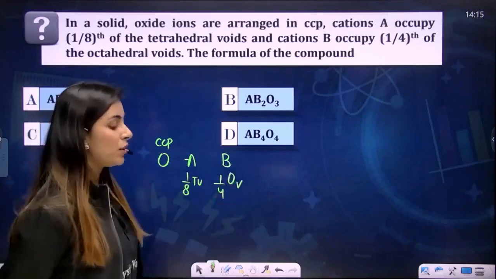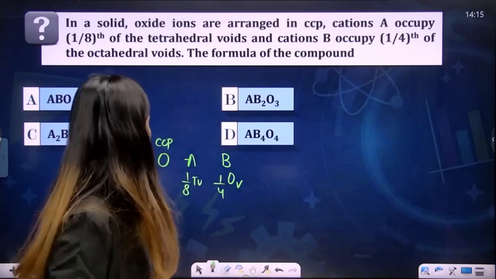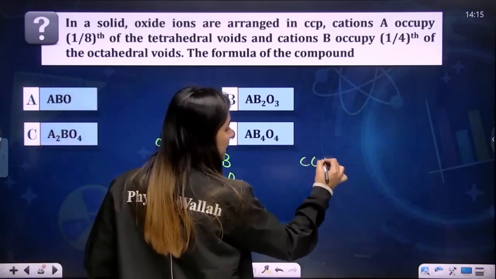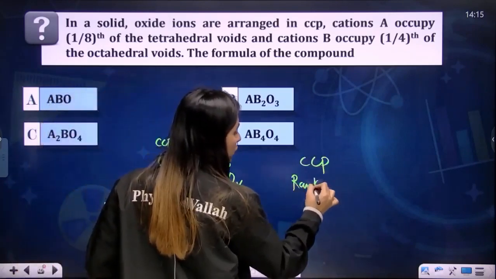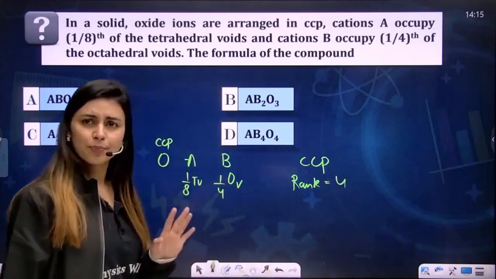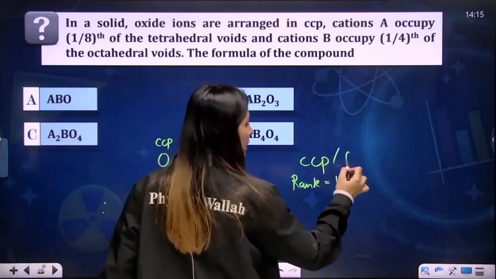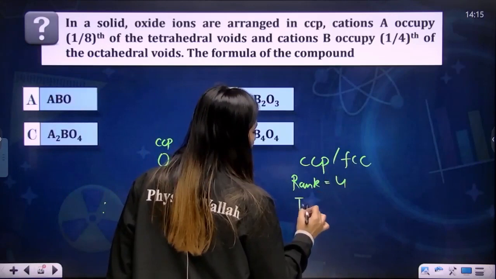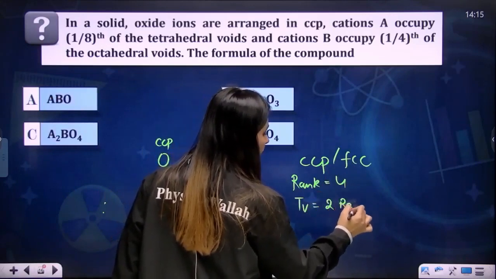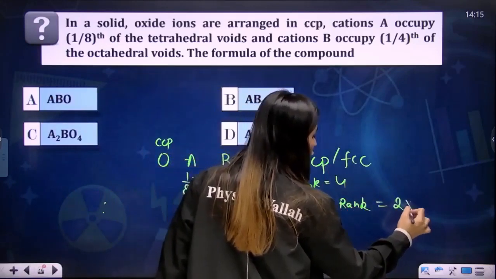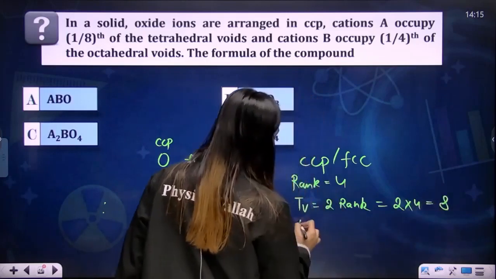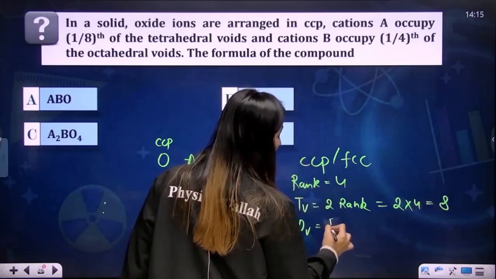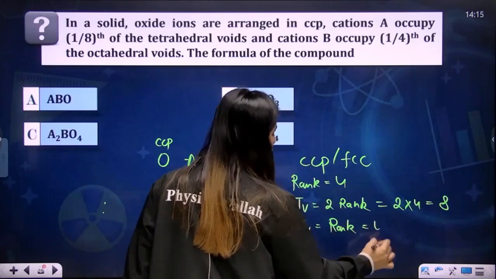You have to tell the formula of the compound. If it crystallizes in a CCP lattice, can I say that the rank is actually equal to 4? That I know. Perfect. CCP means FCC. Rank is 4. How many tetrahedral voids? 2 times of rank, so it is 2 into 4, which is equal to 8. And how many octahedral voids? Equal to the rank, which is equal to 4, right?